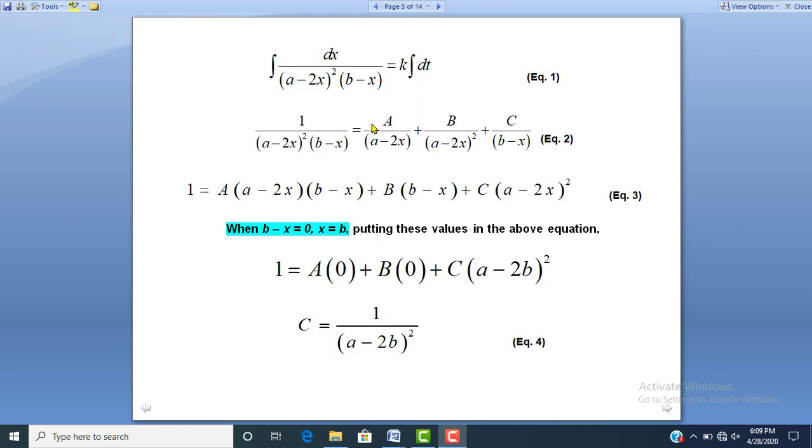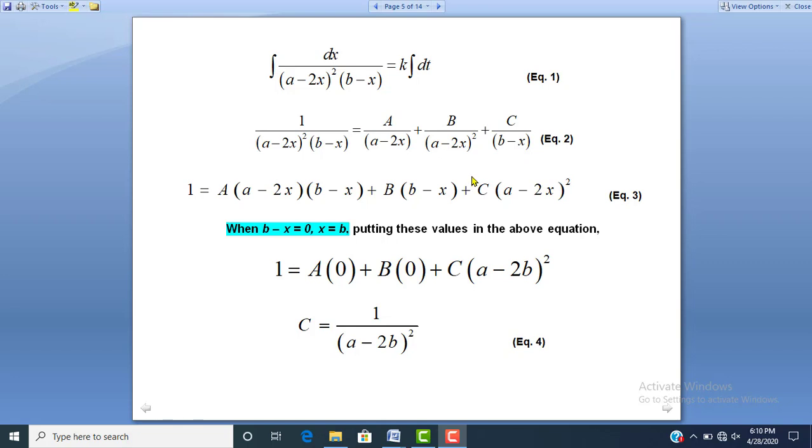So when we apply the partial fraction method to the left hand side of this equation, it can be written as 1 over (a minus 2x) square into (b minus x) is equal to A over (a minus 2x) plus B over (a minus 2x) square plus C over (b minus x). It is equation number 2.